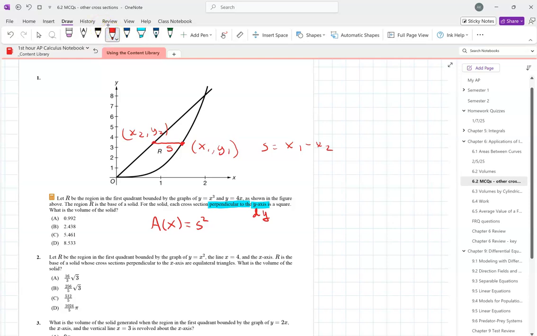So in y1, as per the way I've labeled that, is x cubed, right? How could I tell which curve was y equals x cubed and which one is y equals 4x? The straight line is the linear one and the curved one is the cubic one. So x1 is just going to be the cube root of y1, right?